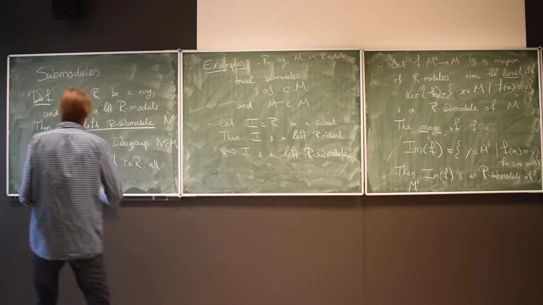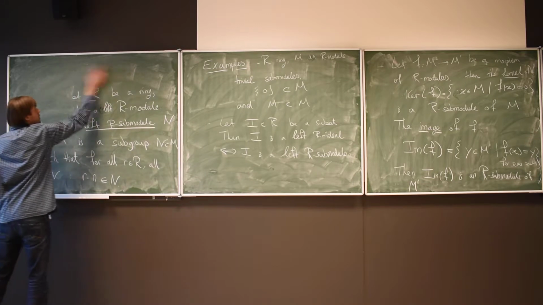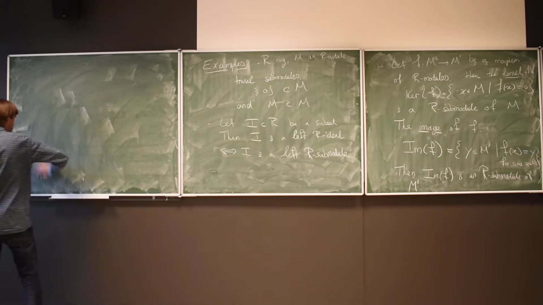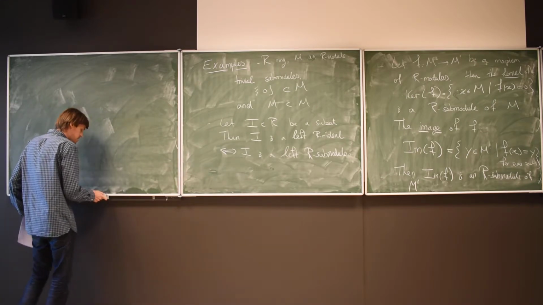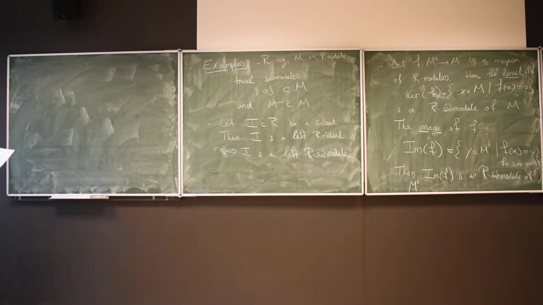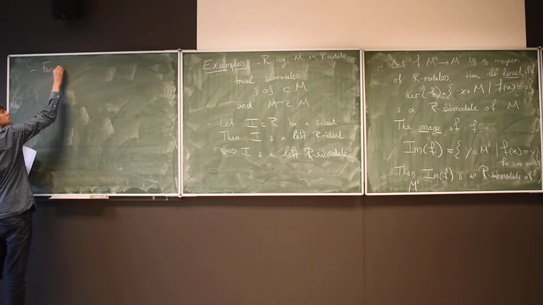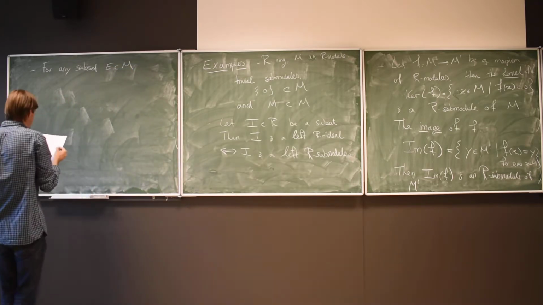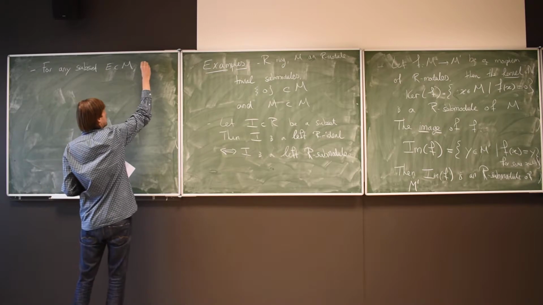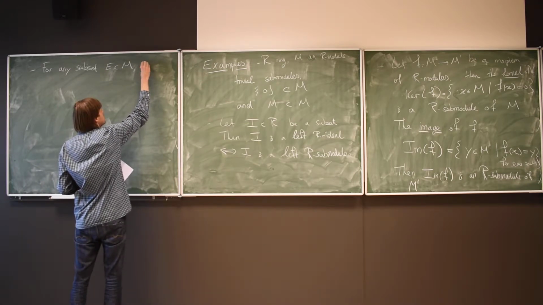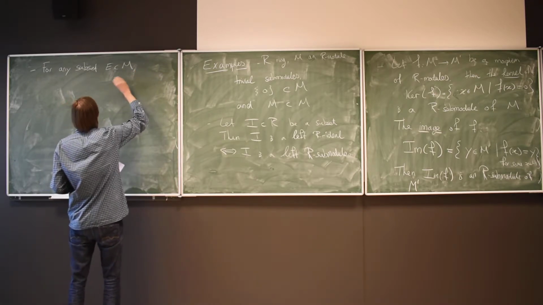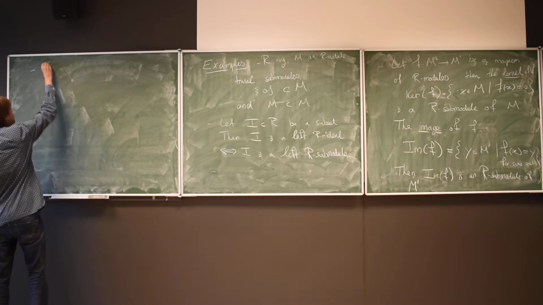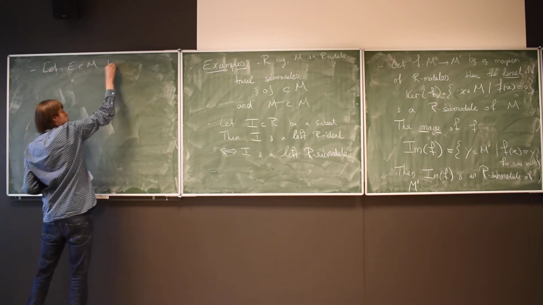So let me find the eraser. The last class of examples is when you have a subset and you take the submodule generated by this subset. So let E in M be a subset.